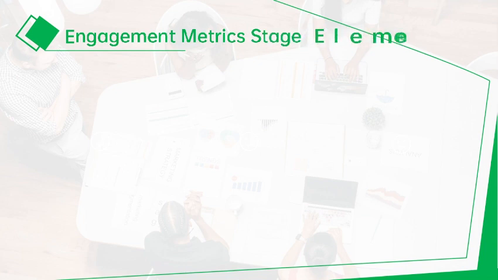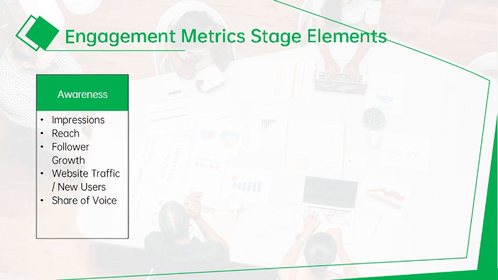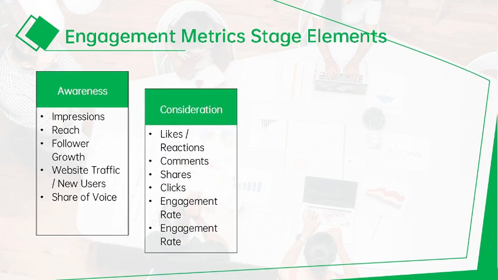Elements of engagement metrics. Now, let's look at the key elements that define these stages. For awareness, we measure things like impressions, reach, follower growth, website traffic, and share of voice, all indicators of how visible your brand is. In the consideration stage, metrics like likes, comments, shares, and engagement rate show how much your audience interacts with your content.